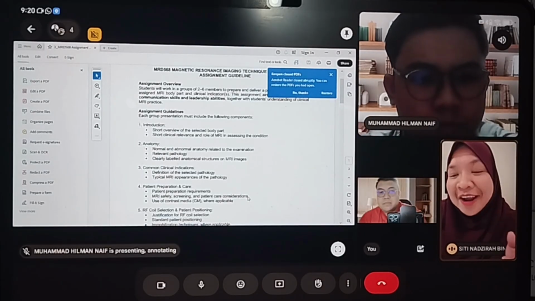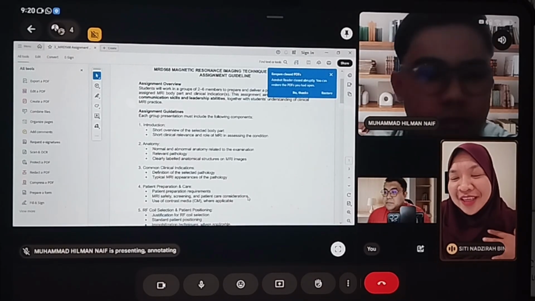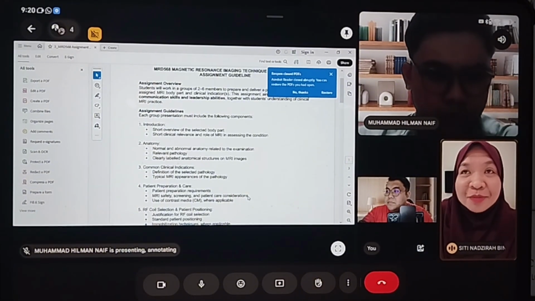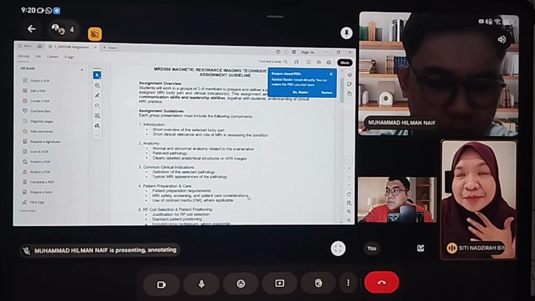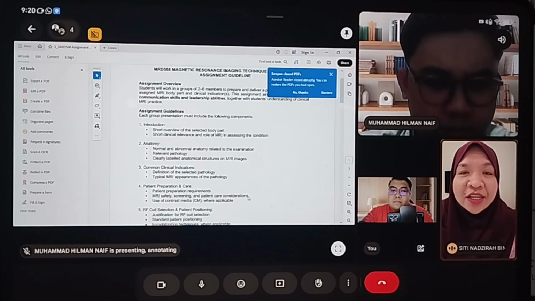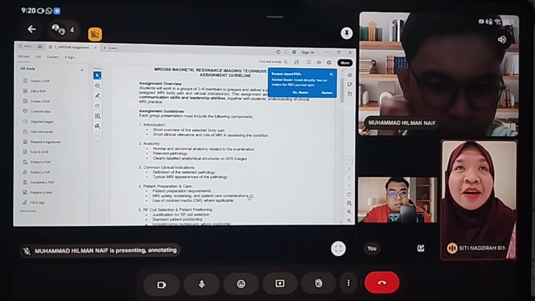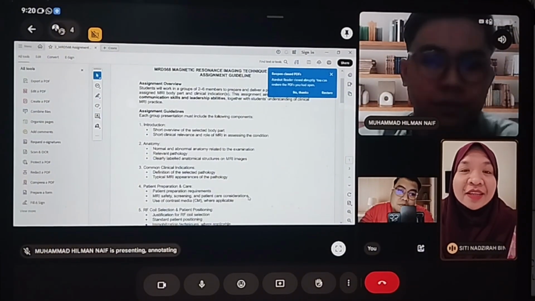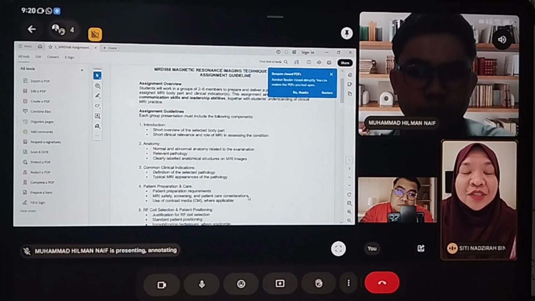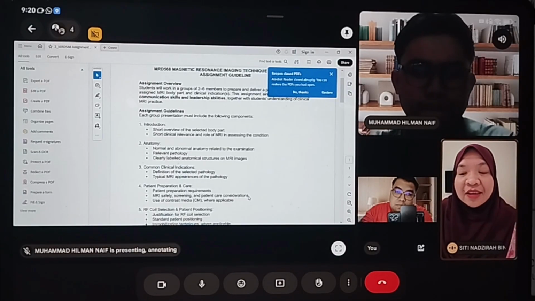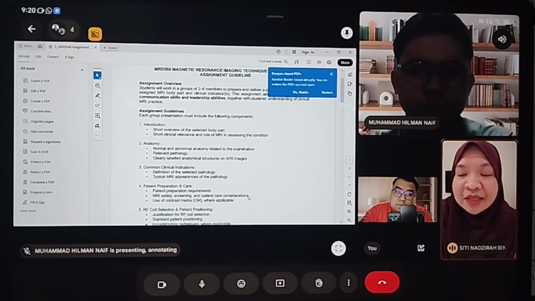Yeah, it's a good idea, of course I'm okay with that. I will cover the pathology, examples, symptoms, and then the most important, patient preparation and contraindications. There is a guideline that madam gave us to study, the latest guideline, so I should study that first.